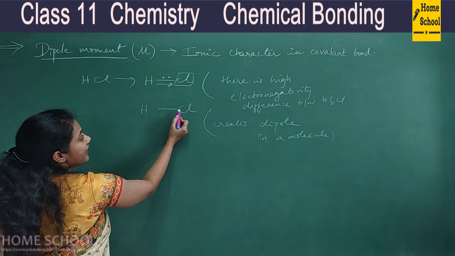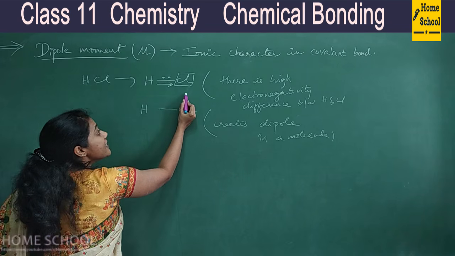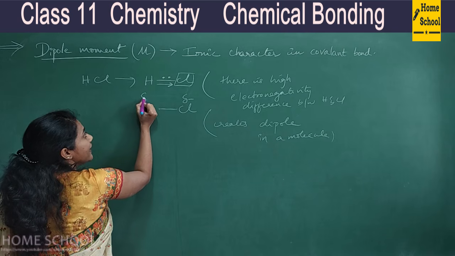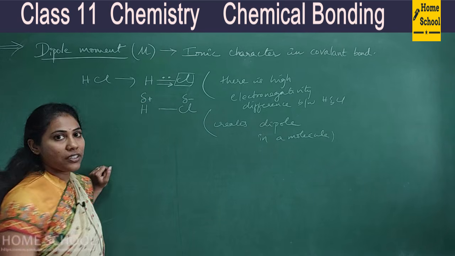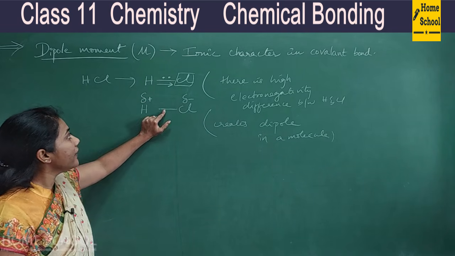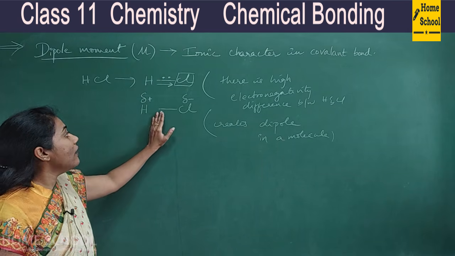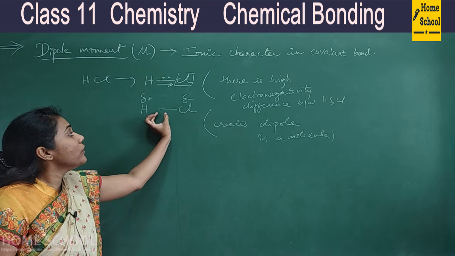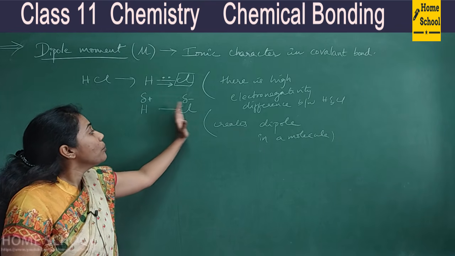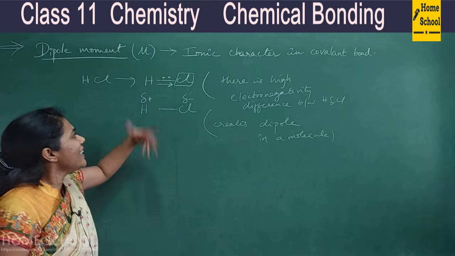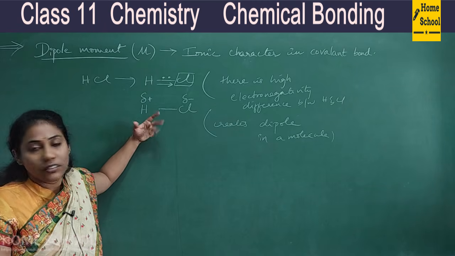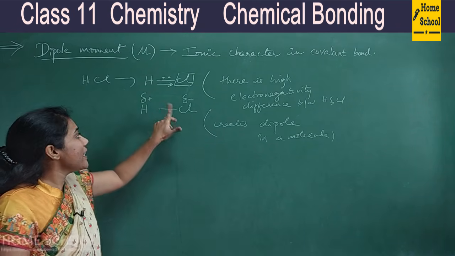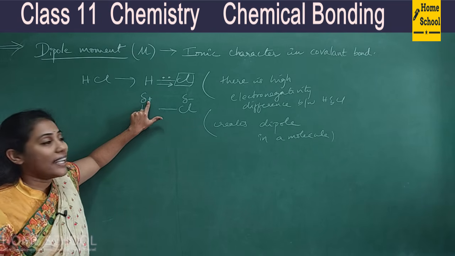See, when the bond is slightly moved more towards Cl, Cl will have a slightly negative charge, and hydrogen will gain a slightly positive charge. In the bond there were hydrogen's electrons, now they do not completely belong to hydrogen, they are not even shared equally; the shared electron was moved more towards Cl. It's like hydrogen has lost that electron, not completely, slightly it is losing its electron, right? That's why there is a slight positive charge on hydrogen.